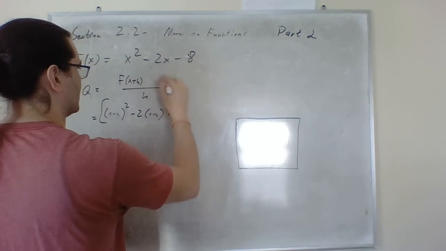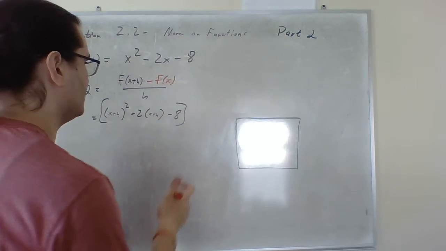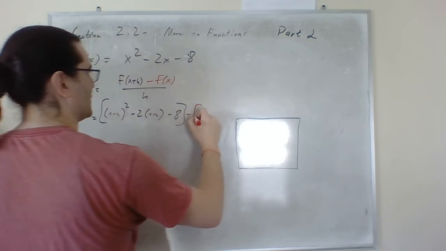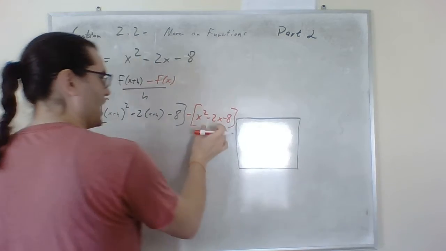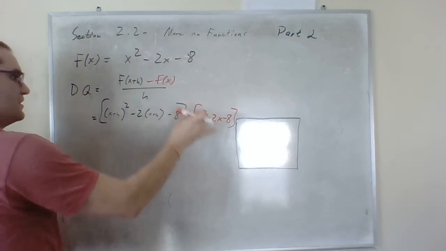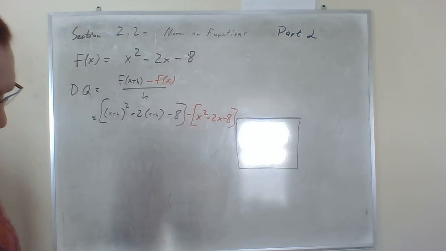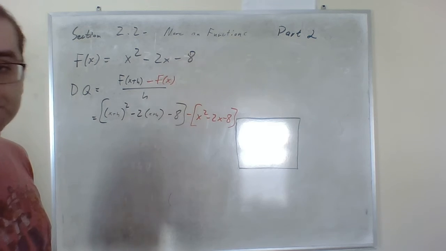I'm going to switch colors again, so that I have minus f of x in red. Minus f of x, we're going to do x squared minus 2x minus 8. I'm just going to copy f of x as originally written into brackets over here. So that's the step where I plug in my function.